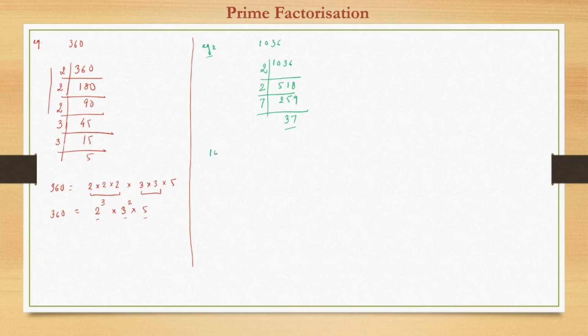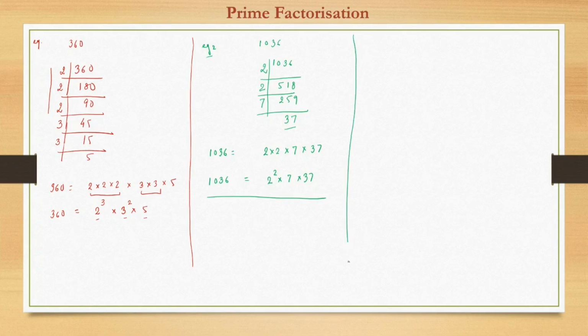So we can write 1036 as 2 into 2 into 7 into 37. This can be written as 2 square into 7 into 37. So hence we have been able to prime factorize 1036 as 2 square into 7 into 37. Right. We'll see another example.